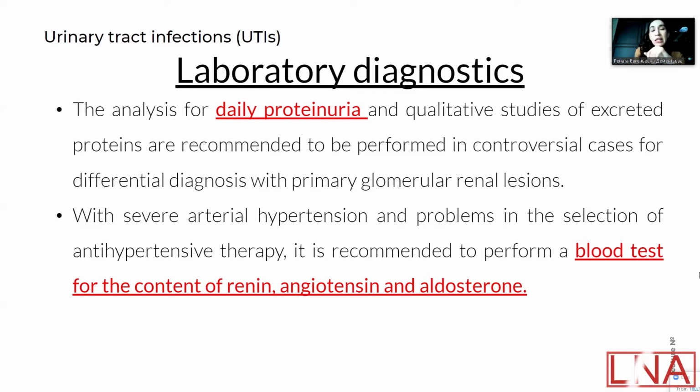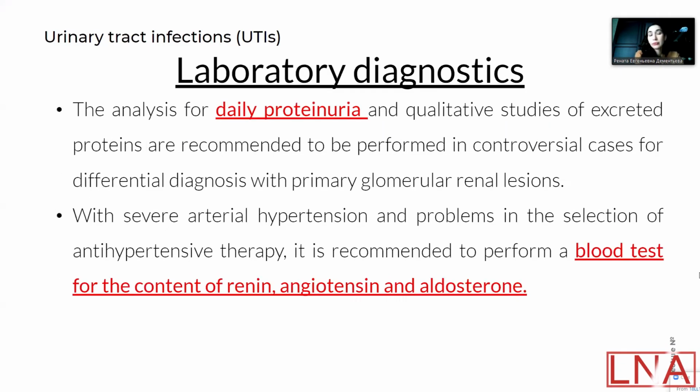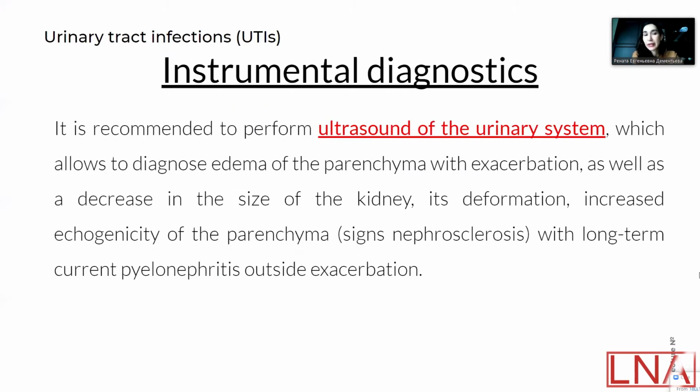With severe arterial hypertension and problems in the selection of antihypertensive therapy, and in case of suspecting an alternative diagnosis, it is recommended to perform blood tests for serum renin, angiotensin, and aldosterone to assess the activity of the renin-angiotensin-aldosterone system. That is an ordinary list of laboratory diagnostics of patients with pyelonephritis.